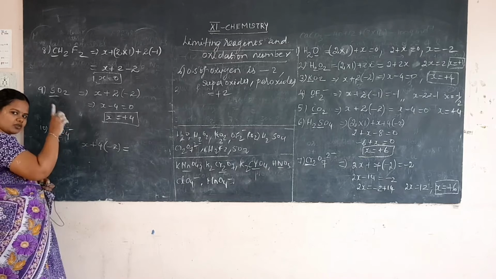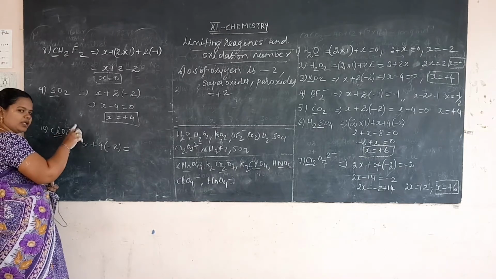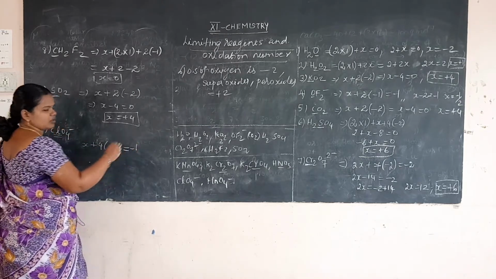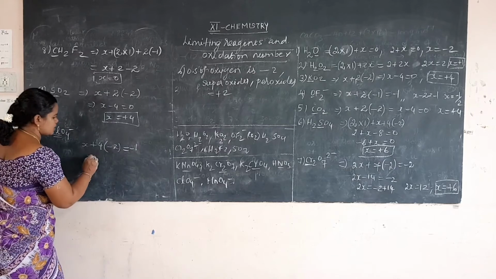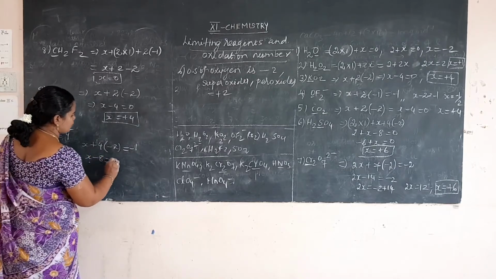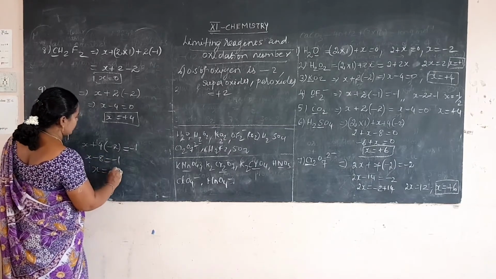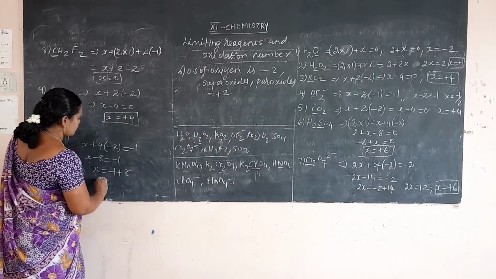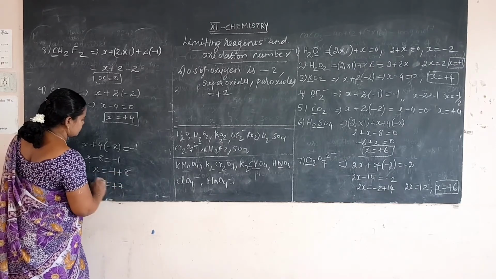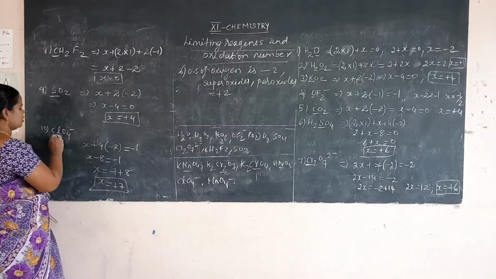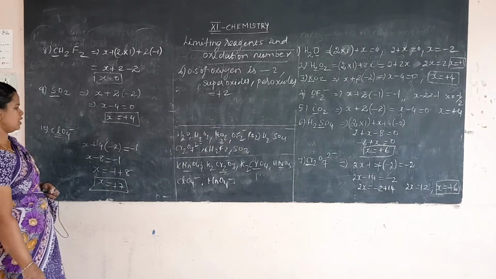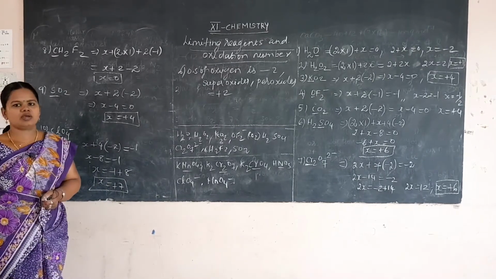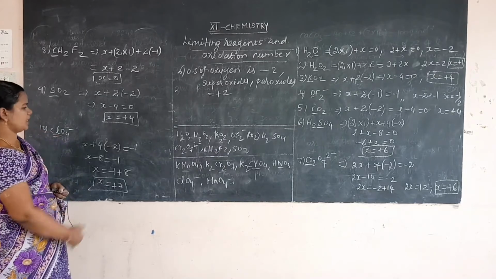What does the minus mean? Minus 1. If minus 2 is there, take it as it is and put it here. Okay, minus 1. So put minus 1, X minus 8 equal to minus 1. So X equal to minus 1 plus 8. So X equal to plus 7. Okay. So here Cl is in plus 7 oxidation state. Okay. So that's all. So we have completed 10 compounds.